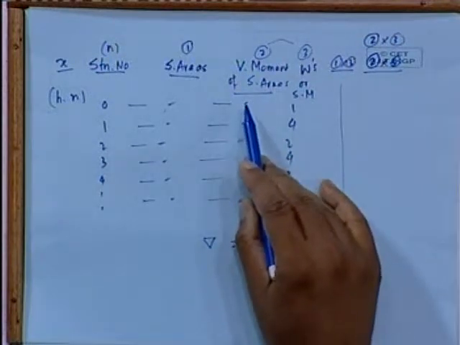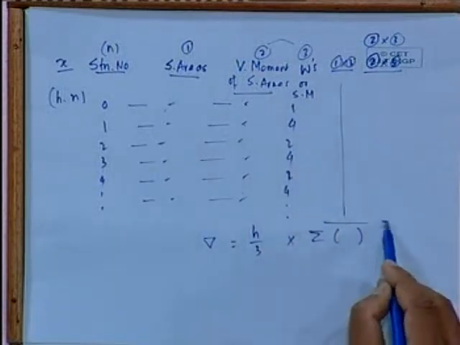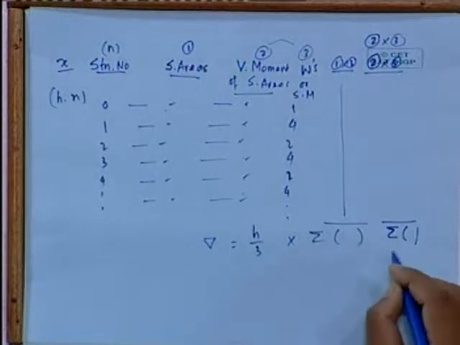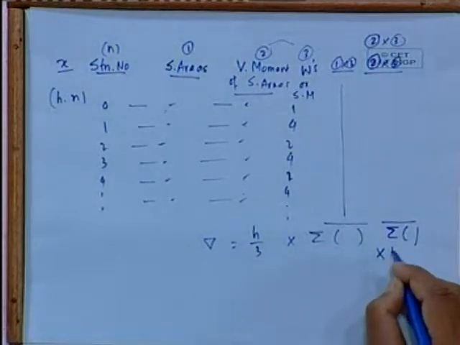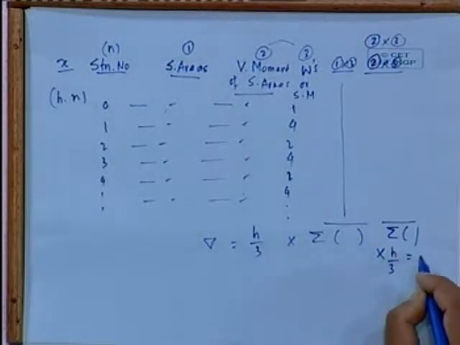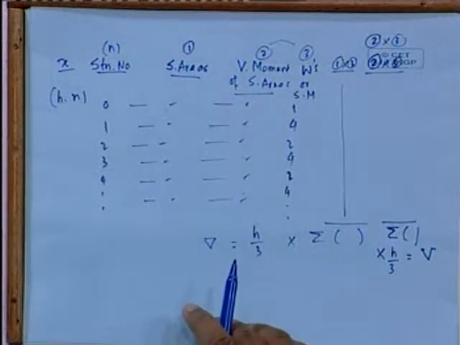So if I multiply this with this, I will get the weighted value, and when I add them all up, whatever I get here, multiplied by H by 3, will give me my vertical moment.